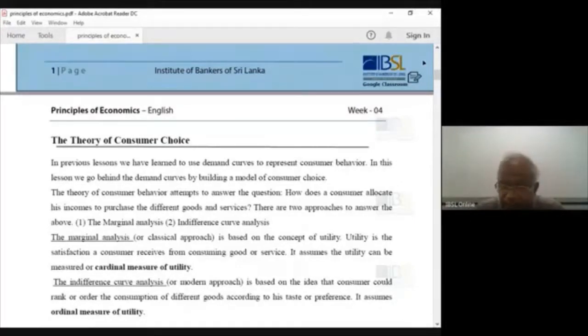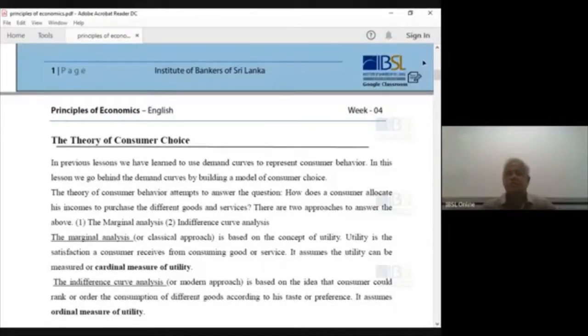Consumer can assign numbers to his level of satisfaction. Based on that assumption, we call it the cardinal measure of utility. Utility is measurable. They developed the theory.